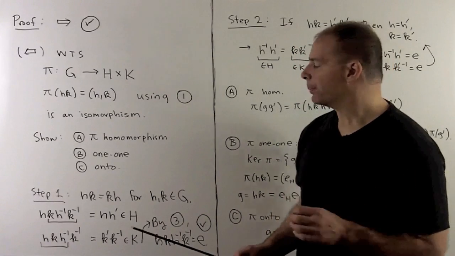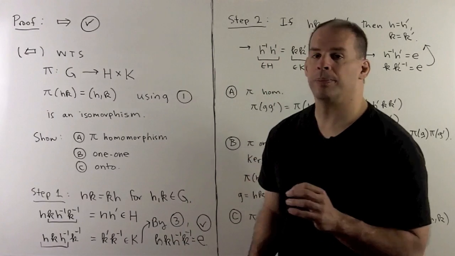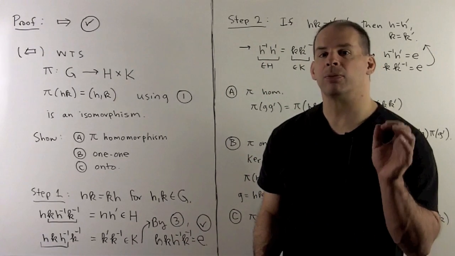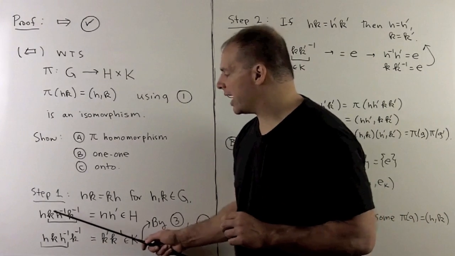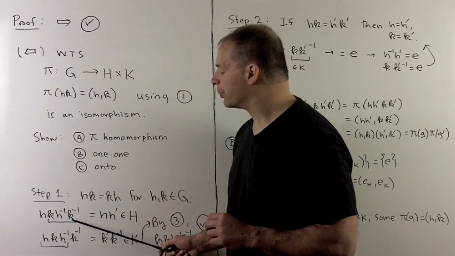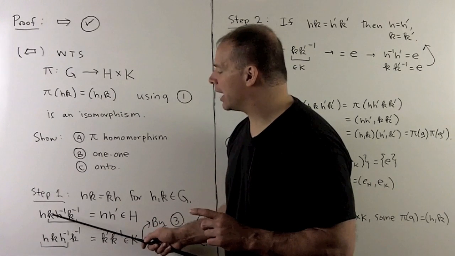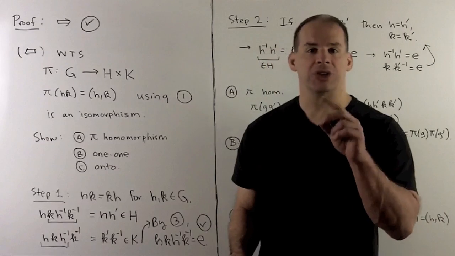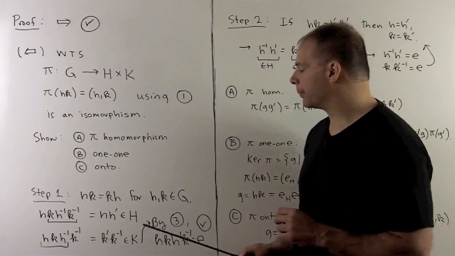For the first step, I want to show that the elements of H commute with the elements of K. To start, I'm going to form the commutator of an element of H with an element of K. So I'll have hkh inverse k inverse. And we note the last three terms, we're conjugating an element of H by an element of K. H is normal, so that's going to give us another element of H, say h prime.